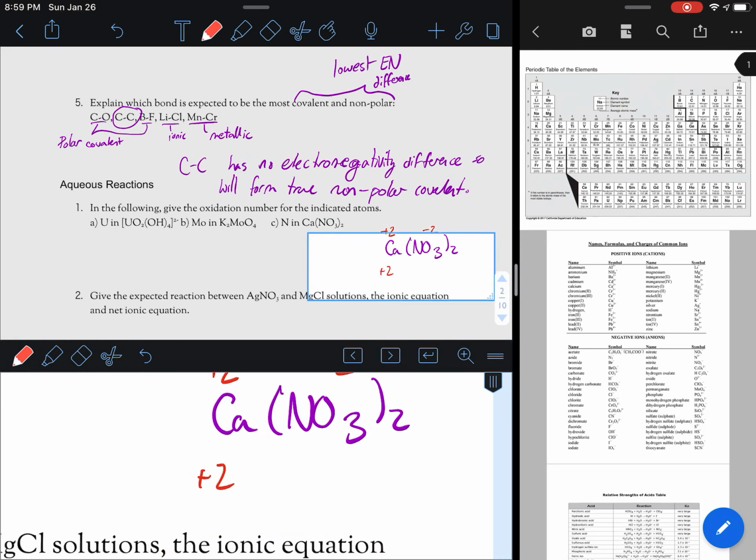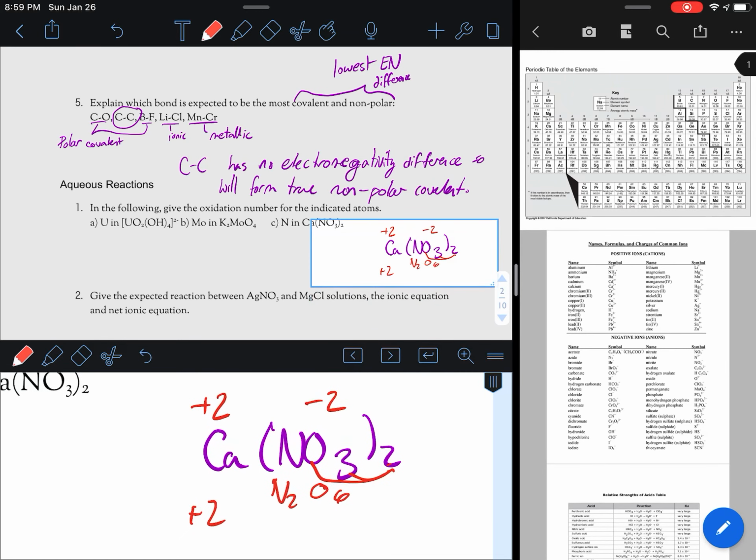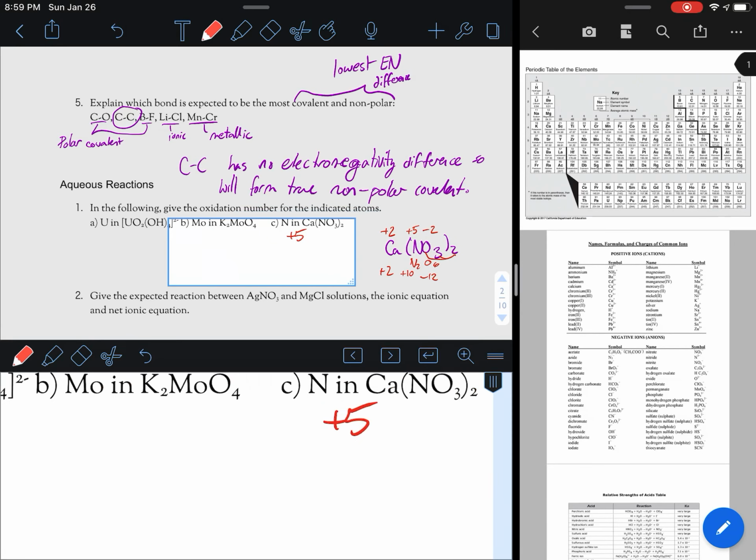We have to think about this as the 2 multiplied by the N. So we actually have N2 and then 2 times 3, so that's 6. So just separate those out, even though they're not written out that way when we're doing this calculation. Minus 2 times 6 gives us minus 12. So I need positive 10 for my nitrogen. Divided between the 2 gives me a plus 5. So the nitrogen is plus 5.